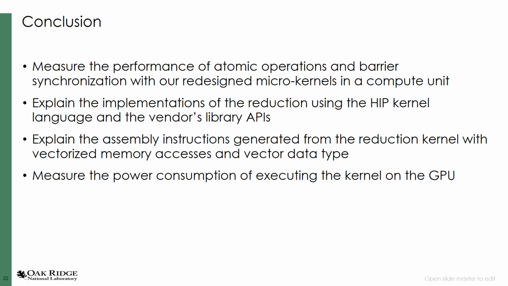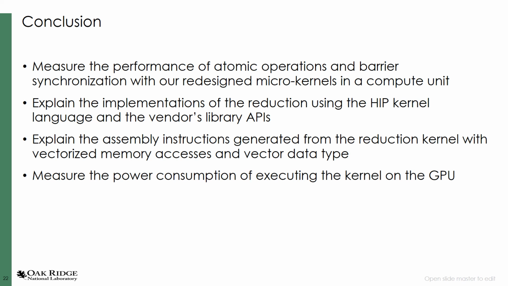In our study, we designed the microkernel for understanding the overhead of atomic and barrier functions. Then we explained the reduction kernel with vectorized memory access, parameterized workload, and the library-based API.